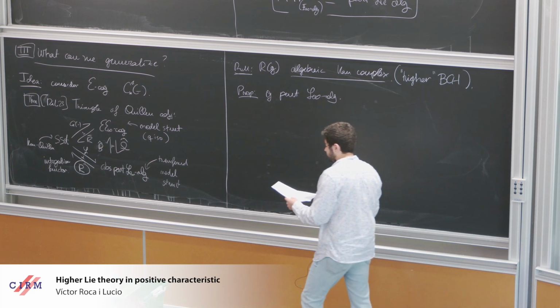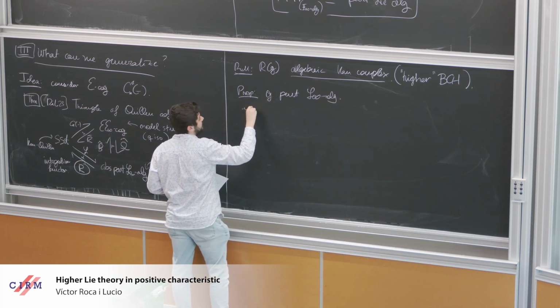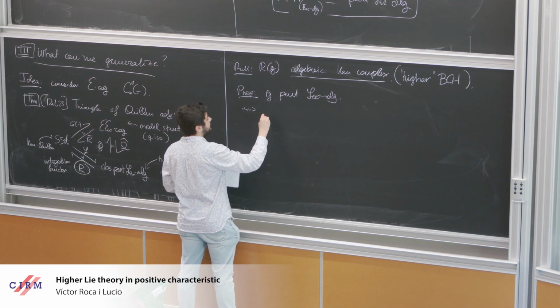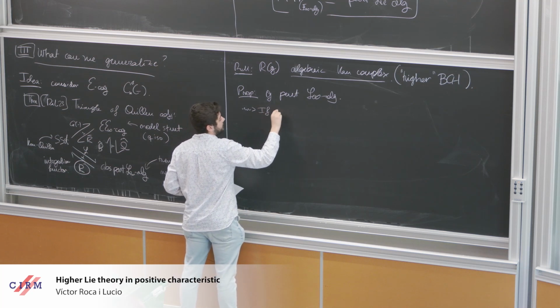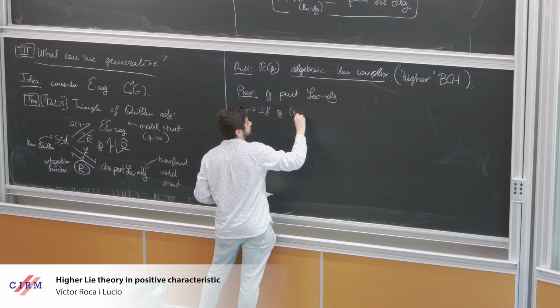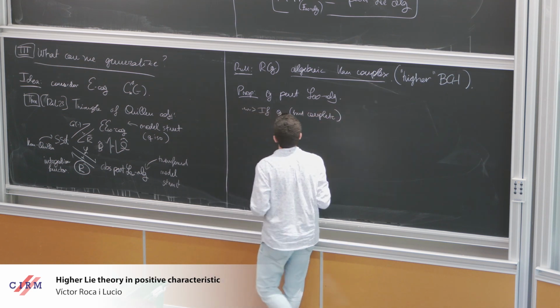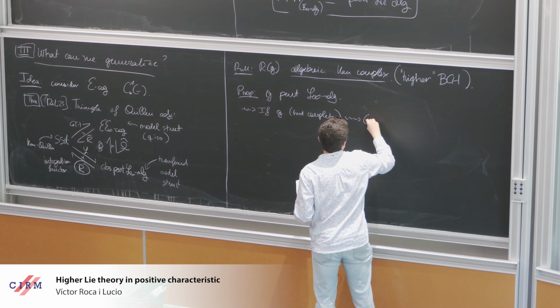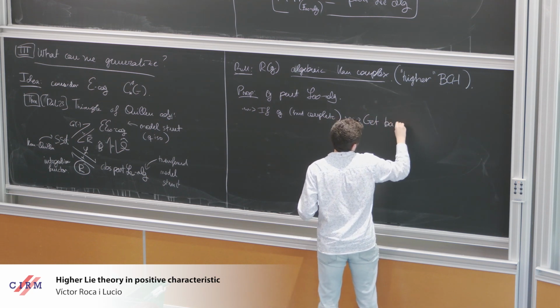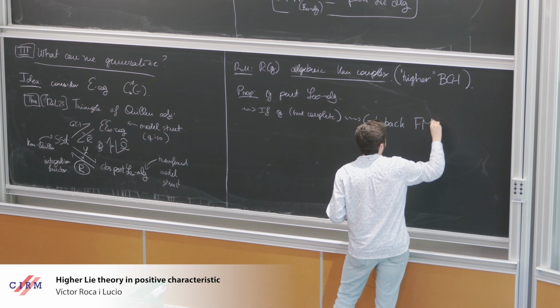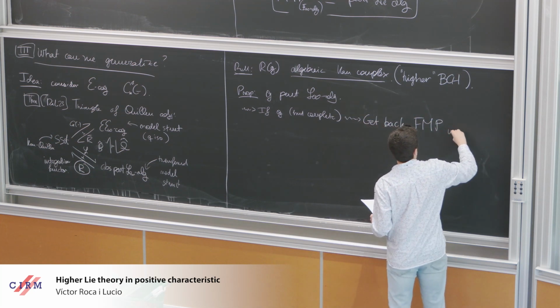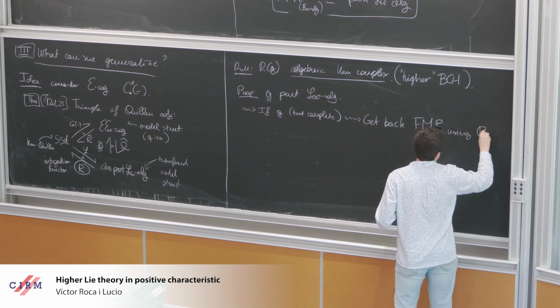But what I want to state, and this is a bit vague, is that if G is homotopy complete, then you get back the formal moduli problem associated to G using this integration functor.